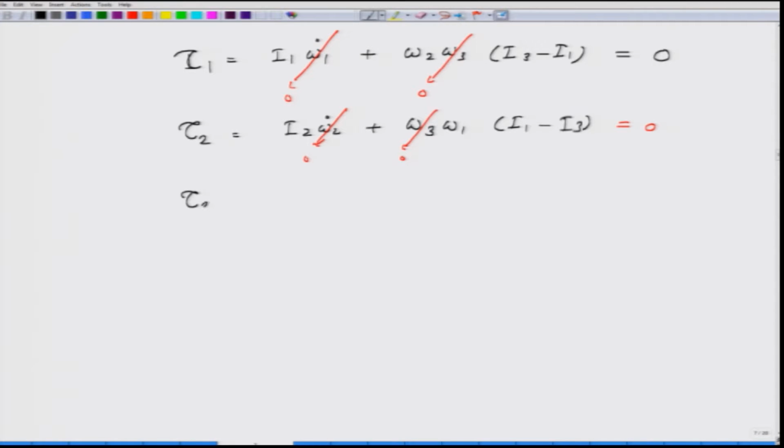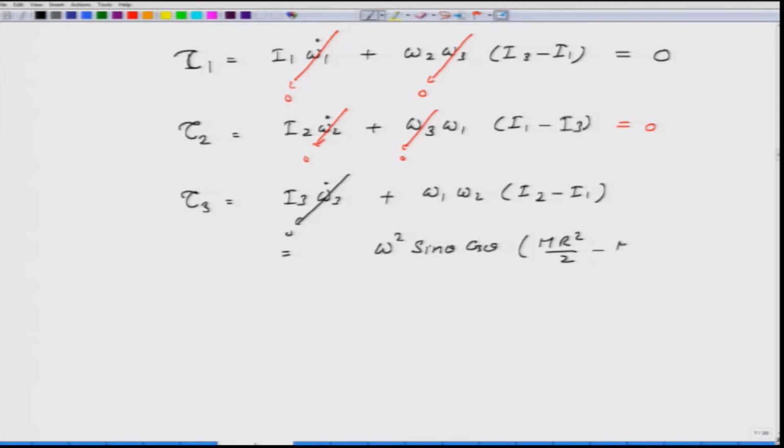Tau 3 is I3 omega 3 dot, this is also 0, plus omega 1 omega 2 (I2 minus I1), and this gives me omega square sine theta cosine theta (m r square by 2 minus m r square by 4), and therefore, the answer is omega square sine theta cosine theta m r square by 4.